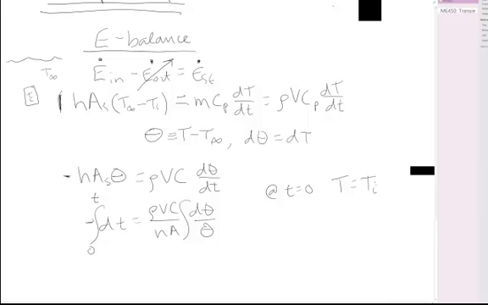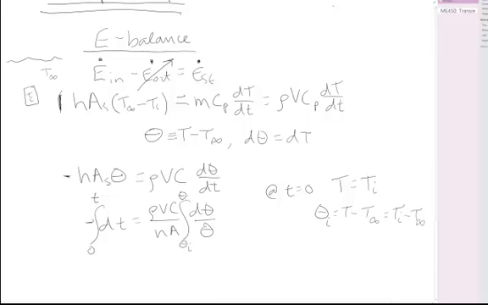That means that theta, which is T minus T infinity, is going to be Ti minus T infinity when it's theta i, which is the theta at time 0. So the bounds of integration for theta are going to be theta i all the way to some temperature theta at some time t.